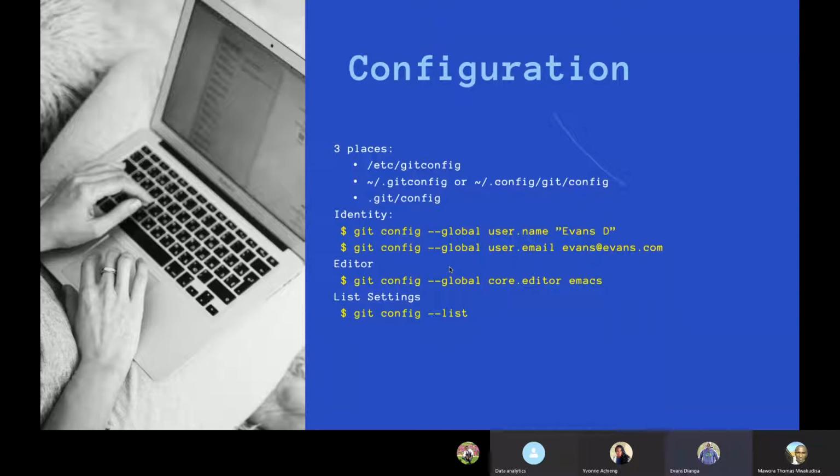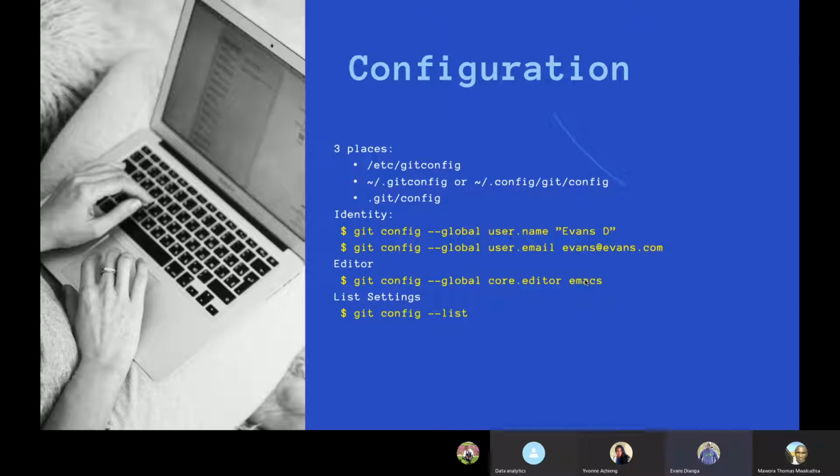So if you're a real Emacs person and you don't want to use Vim or VI, you can change the editor that Git uses when you're writing commits, merge conflict resolution and all that. You could set core.editor to change it to Emacs, and there are probably Windows specific commands here, but you can probably check that out. This is mainly on Unix systems, specifically Mac and any Linux variant.